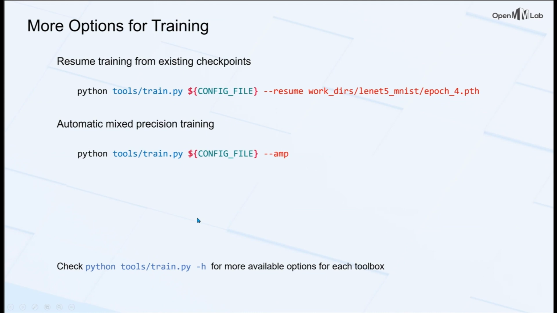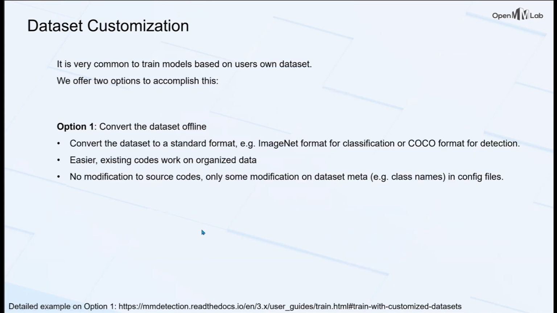Another common scenario is to train a model based on users' own data set. OpenMMLab offers 2 methods to accomplish this task. The first one is to convert your data set to a standard format, for example, ImageNet format for image classification, or COCO format for object detection and instance segmentation.